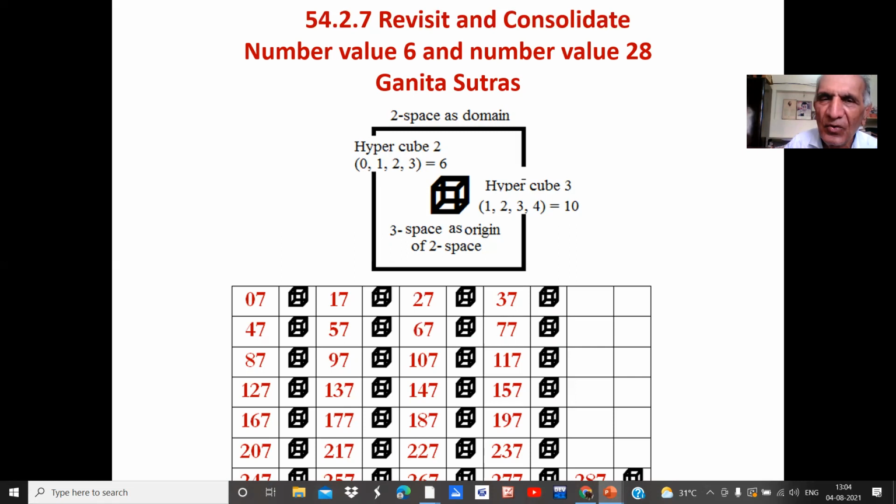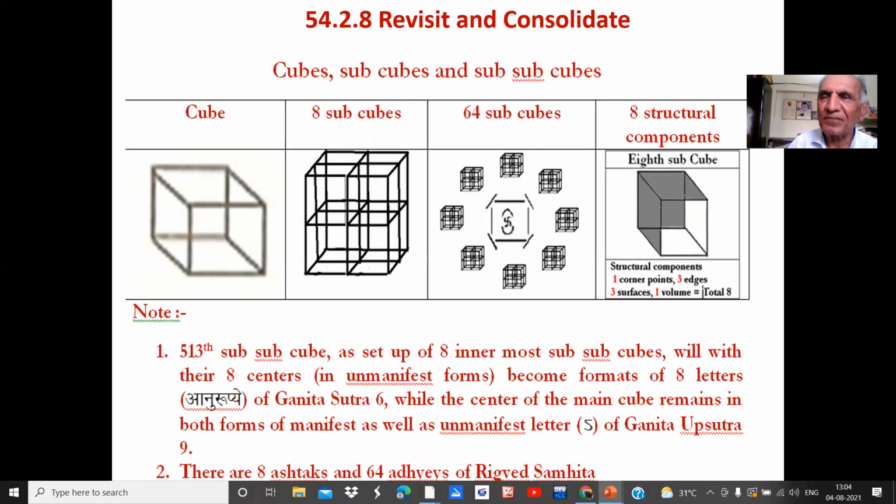And one other aspect which pointedly comes to focus is that as we have seen the sequential bridging of gaps as value 10, parallel with 10 directional frame of a cube, the representative regular body of 3 space as hypercube 3 of 4 folds 1, 2, 3, 4 of summation value 10.